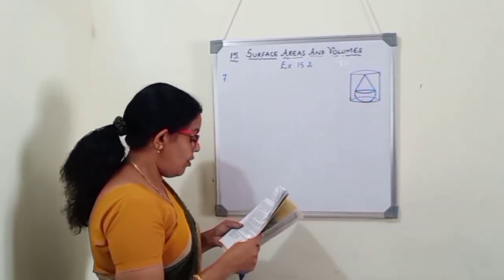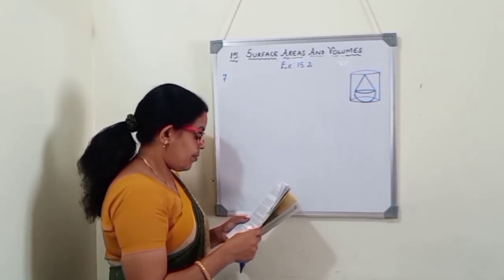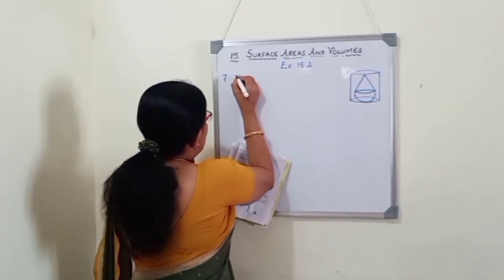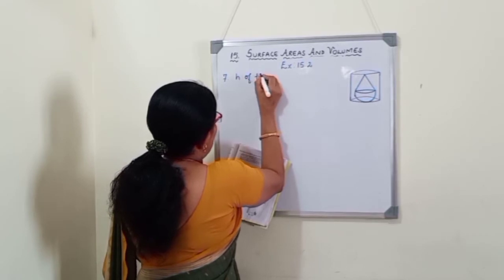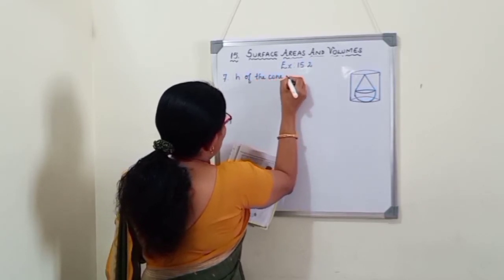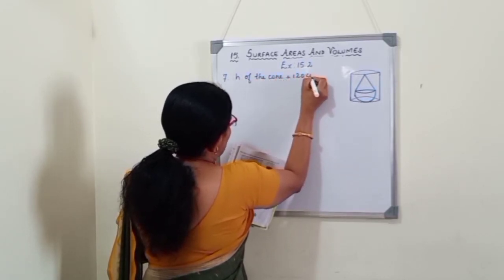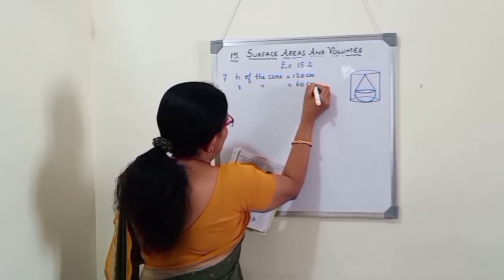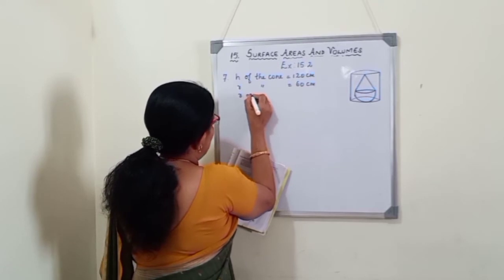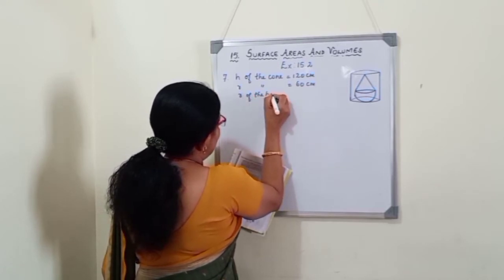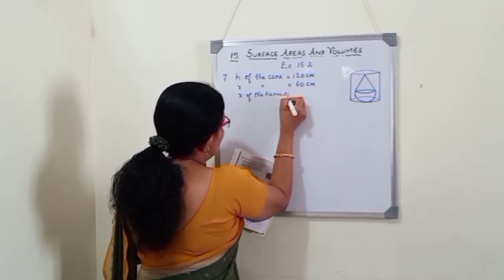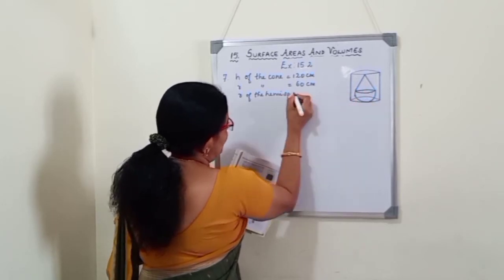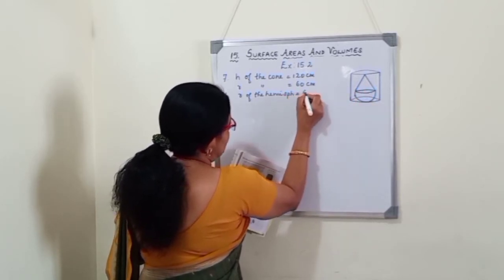So, we will write the values. Height of the cone 120 cm. Radius of the cone 60 cm. Again, radius of the hemisphere, that is also 60 because they are joined together, equals 60 cm.